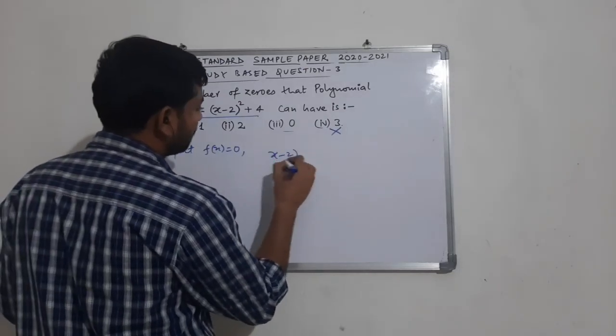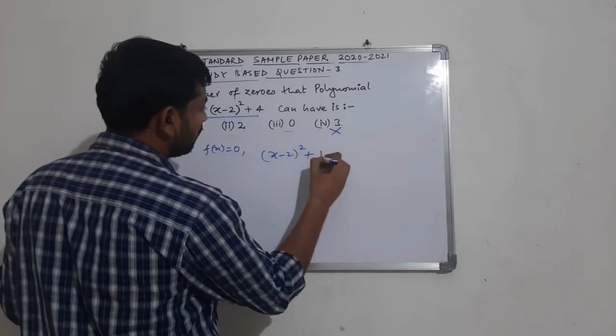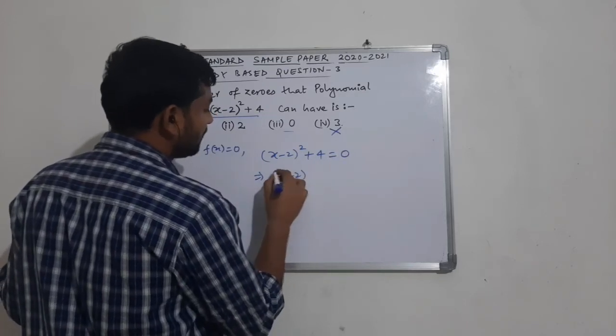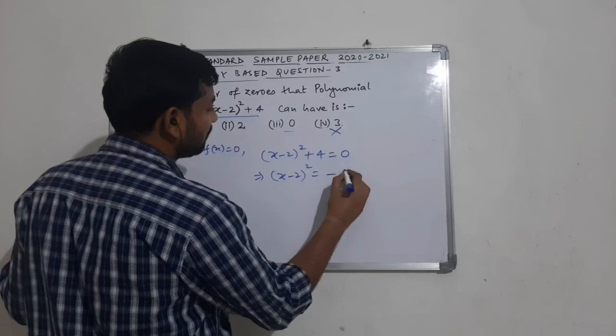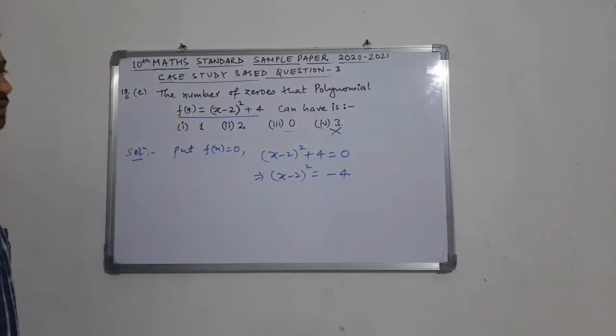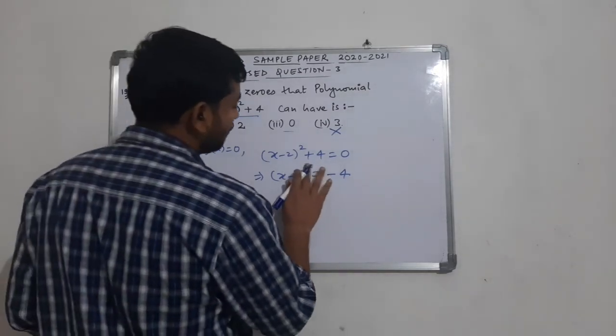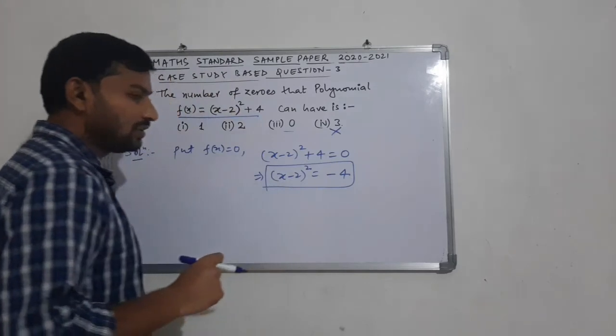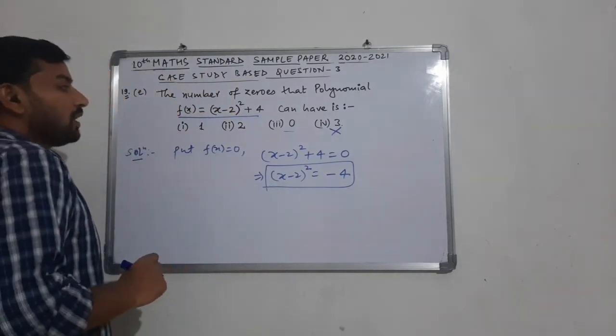So we get (x minus 2) whole square plus 4 is equal to 0. If we try to get the value of x here, we will shift this, so (x minus 2) whole square is equal to minus 4. Now the square of a number is coming out to be minus 4.